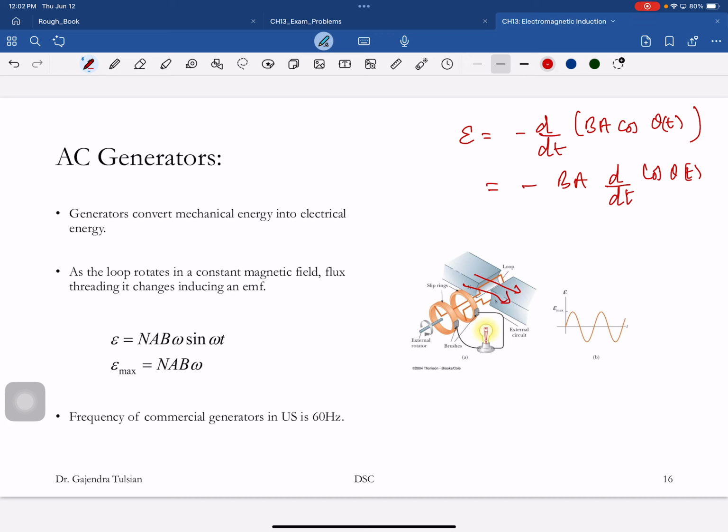In a natural gas power plant, steam. In a diesel generator, you burn diesel. The goal is to turn that thing. All right? Okay.